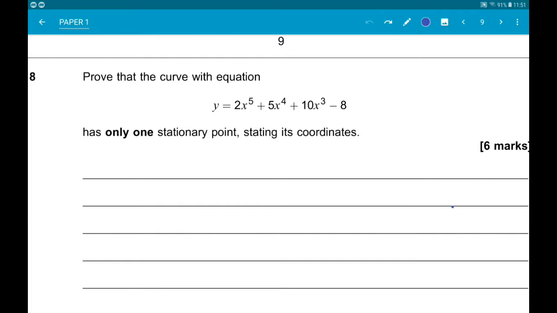So we should start by saying at a stationary point dy by dx is equal to 0. Okay, next let's find dy by dx.